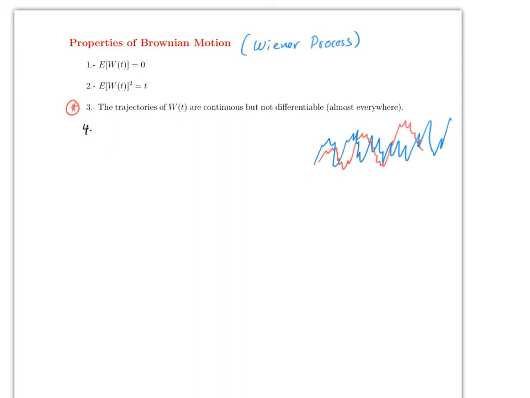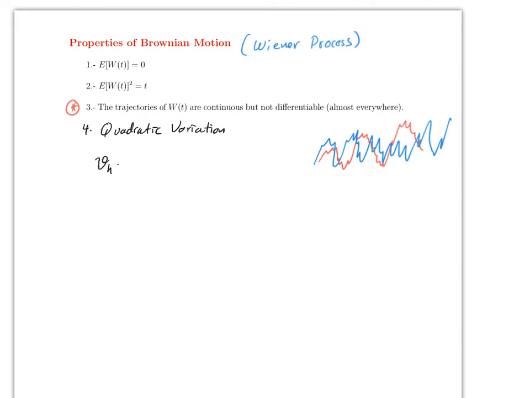There is a fourth property which we're not going to get into much right now. I'll just mention it, and once we need it, we'll look into it in more detail. The fourth property is called the quadratic variation. And the quadratic variation is defined as follows.